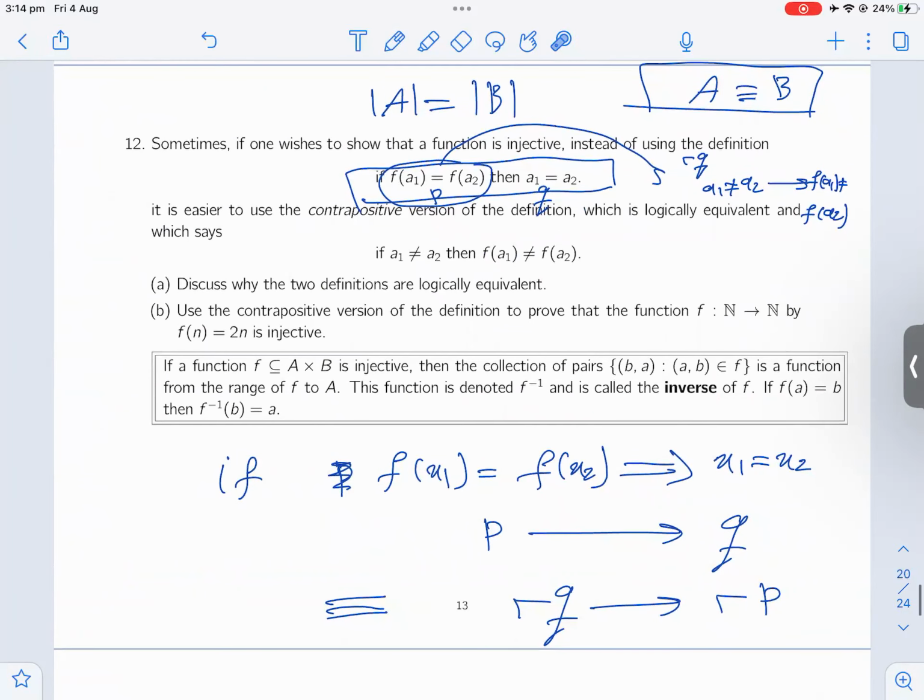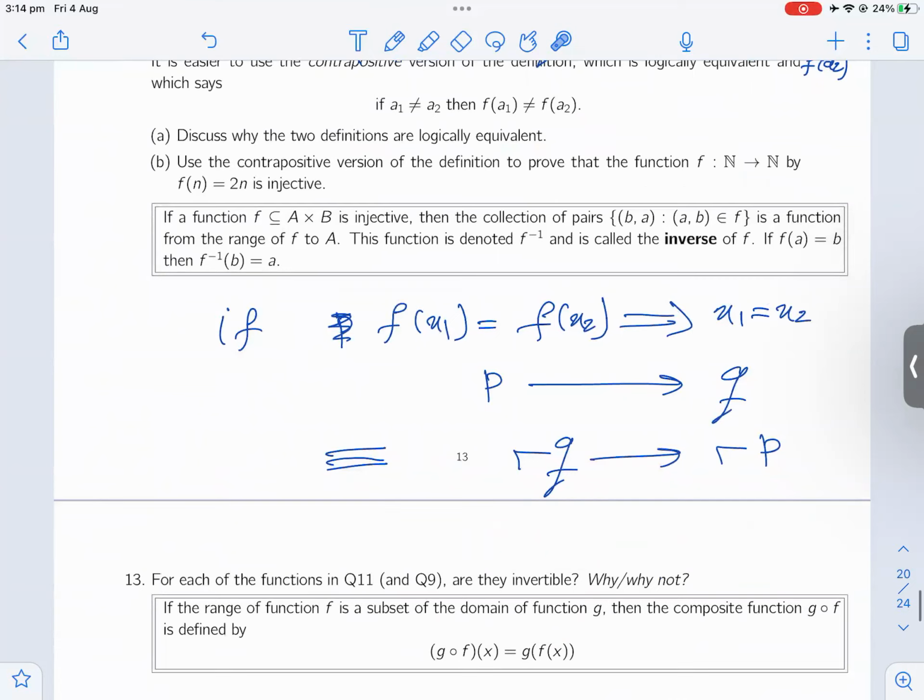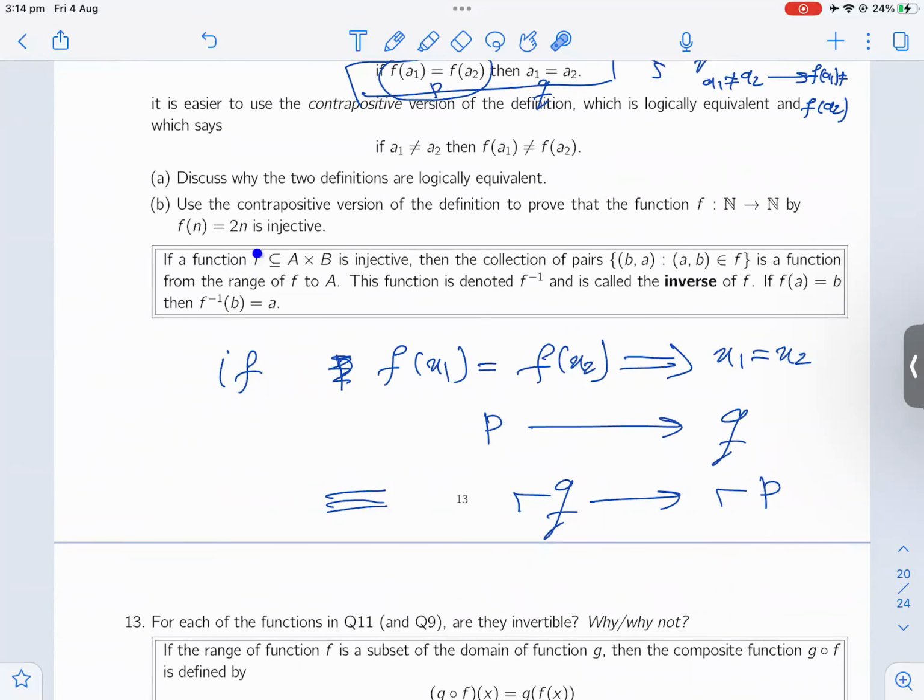Now, if a relation is a function and it is one-to-one, then its inverse will also be a function. But a relation can have an inverse whether it is a function or not. We don't care. So let f be a function, a subset of A times B, and injective, so one-to-one.